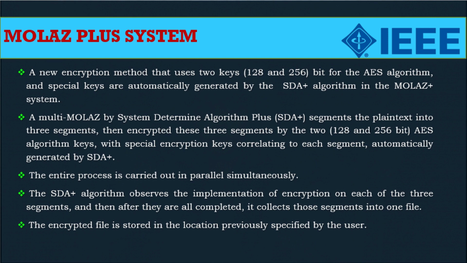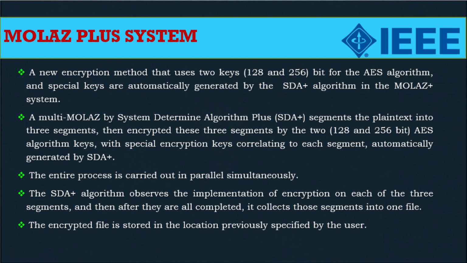The entire process is carried out in parallel simultaneously. The SDA+ algorithm observes the implementation of encryption on each of the 3 segments, and then after they are all completed, it collects those segments into one file.